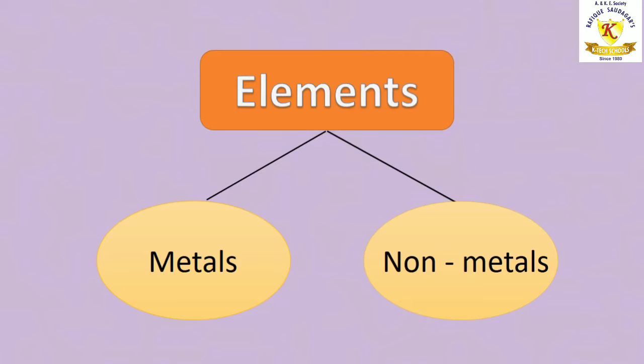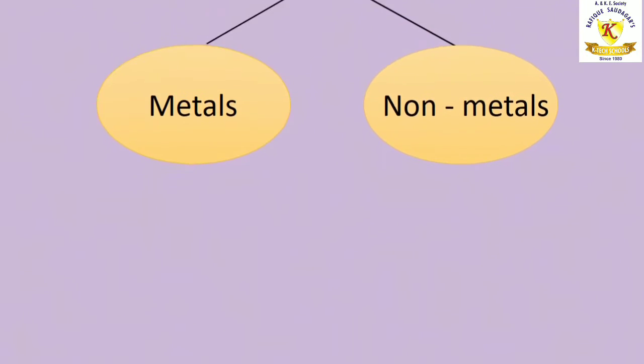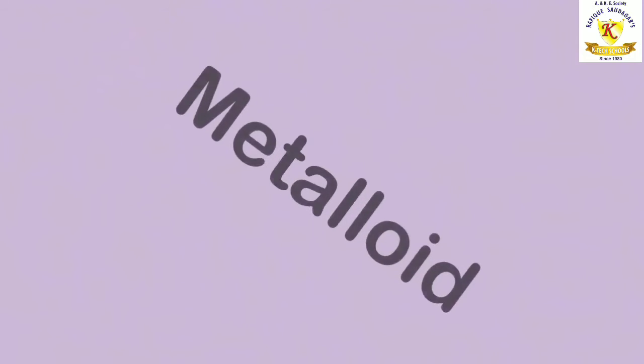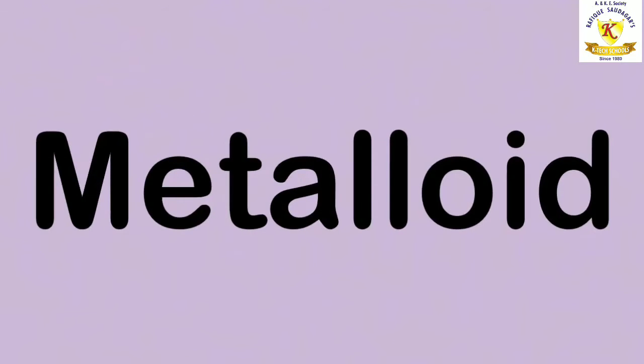After the discovery of new elements, a new type was discovered, and this new type of element is known as a metalloid. The detailed study of these types of elements will be made in our next chapter, Metals and Non-metals.